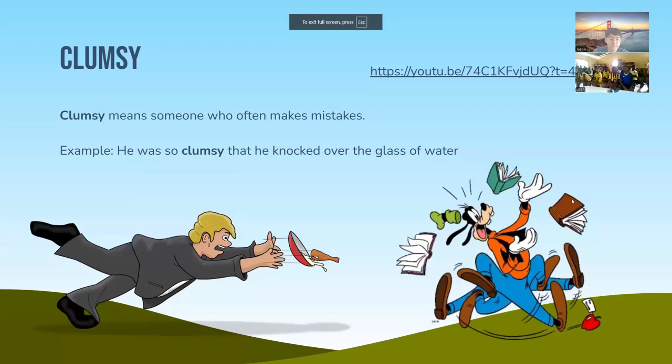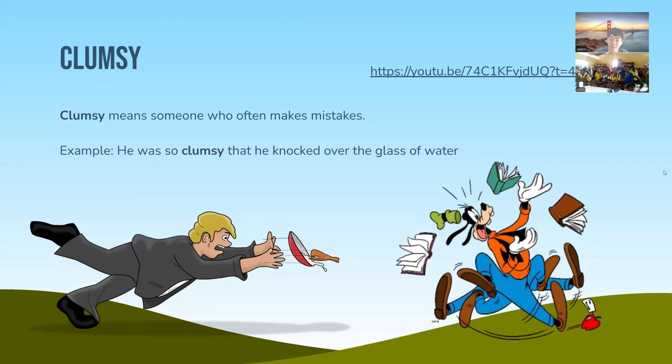The next word is clumsy, and clumsy means someone who often makes mistakes. For example, he was so clumsy that he knocked over the glass of water. He was so clumsy and so prone to mistakes that he knocked over the glass of water.